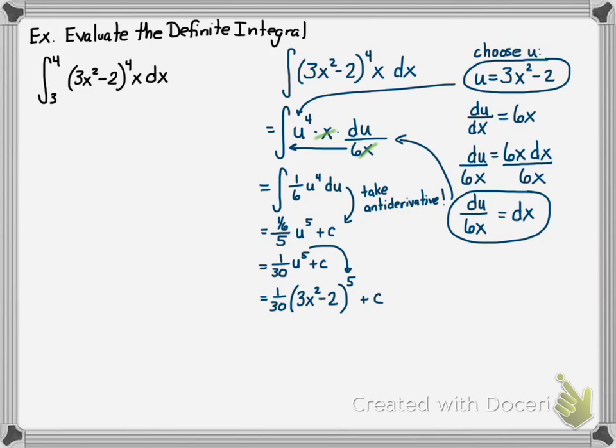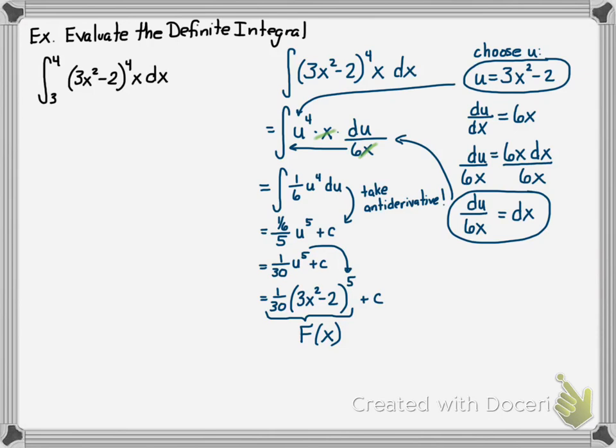Okay, so all of that work was to find the antiderivative of that function in the middle. So this 1 over 30 times (3x squared minus 2) to the fifth, that is our capital F of x.